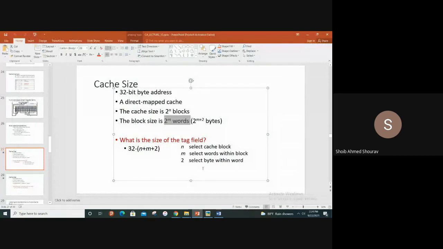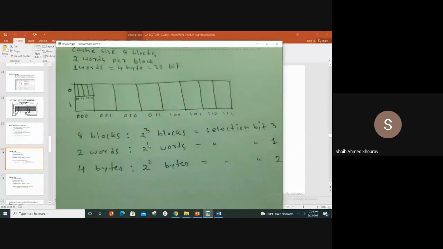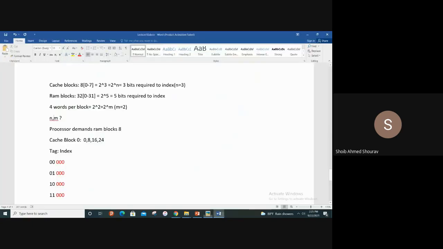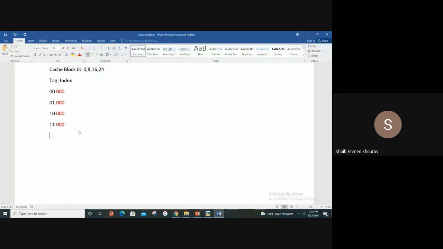So if the block size is 2 to the power m words, so m is equal to 1 in here, right? Then can we say to find the exact byte, we need n plus m plus 2 bits?